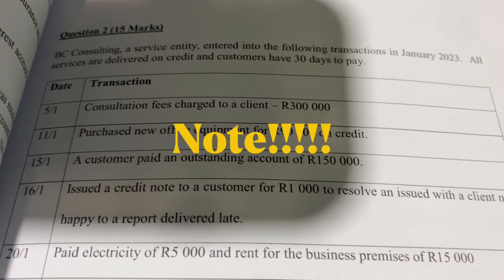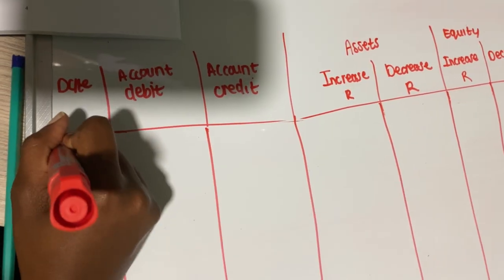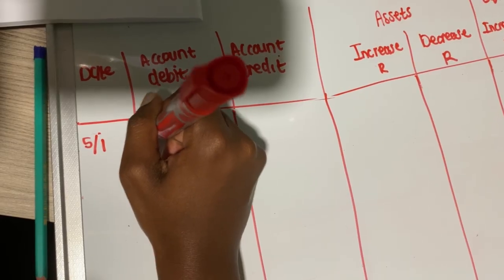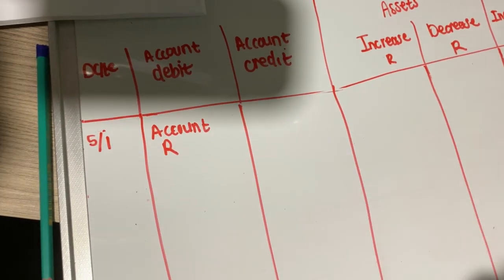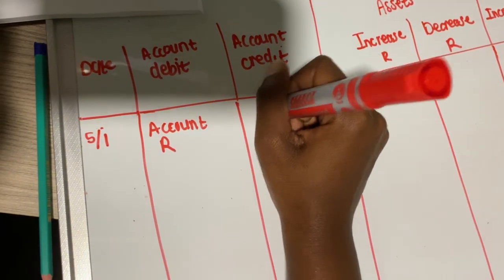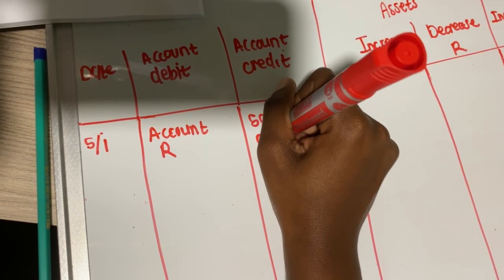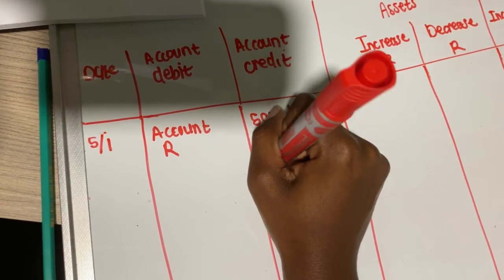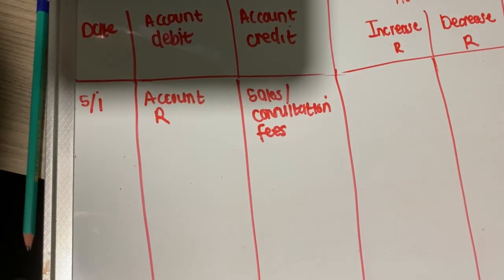They are delivered on credit and customers have to pay in 30 days. Transaction that happens on the 5th of January, the account that is going to be debited is account receivables, or you can say debtors control. And then the account credited is sales or consultation fees, because that is the service that they are busy with.